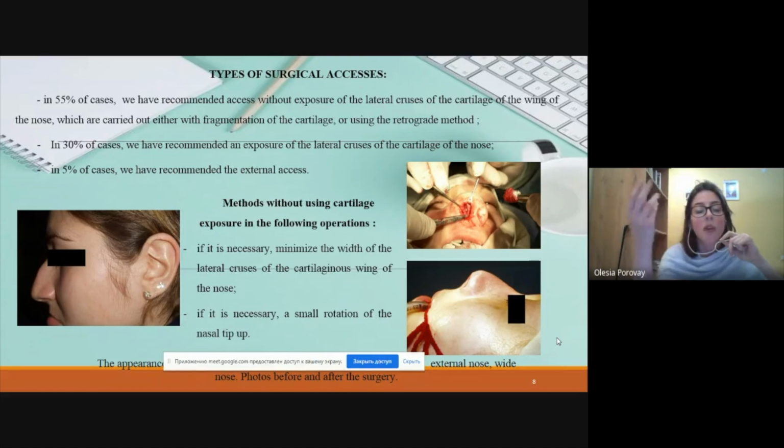Each has certain individual indications, but the main principle is minimization as much as possible of the applied surgical trauma and preservation of tip support and its biomechanical capabilities. In our clinic, we often use the non-exposure intervention, which you can see on the slide.